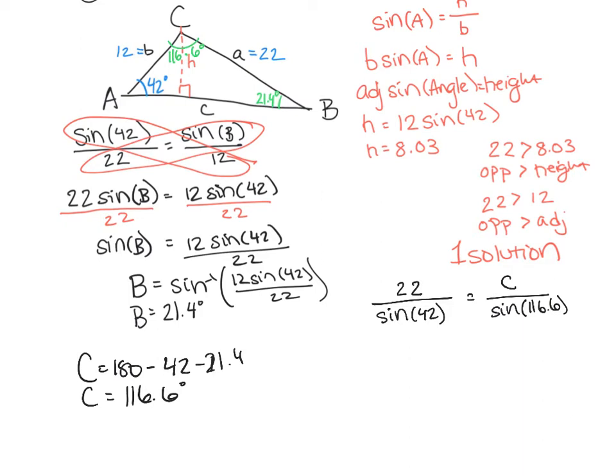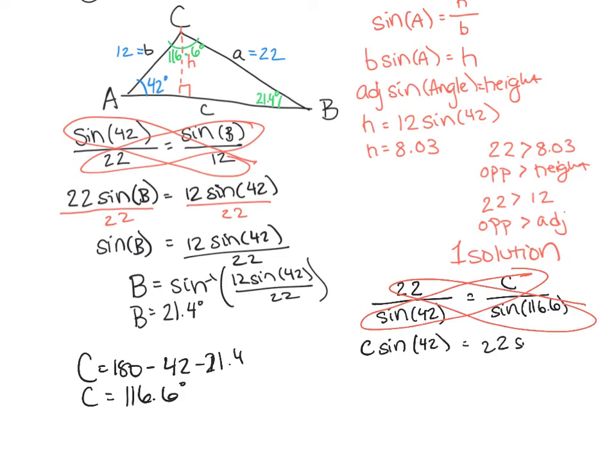You'll notice that now that I have my sides on top, when I cross multiply, I'm still going to end up with C times sine of 42 is equal to 22 times sine of 116.6, which is exactly what I would have gotten if I had started with my angles on top.